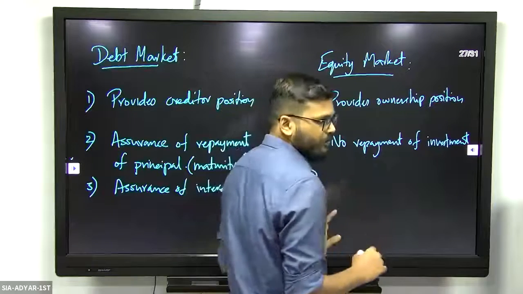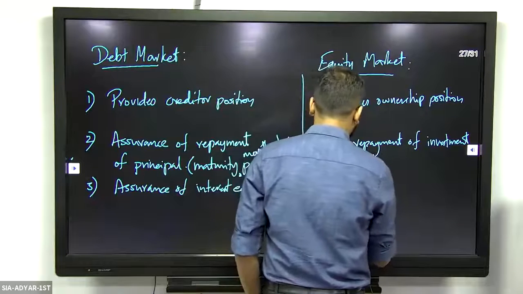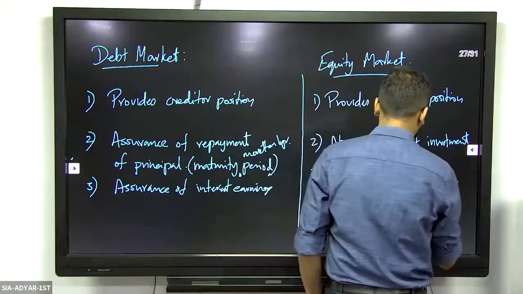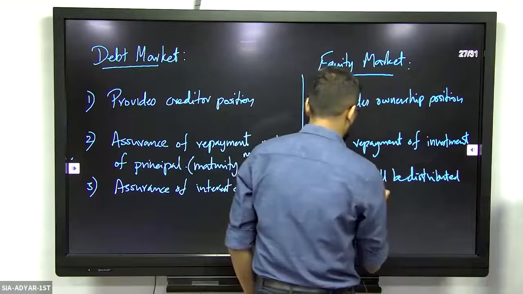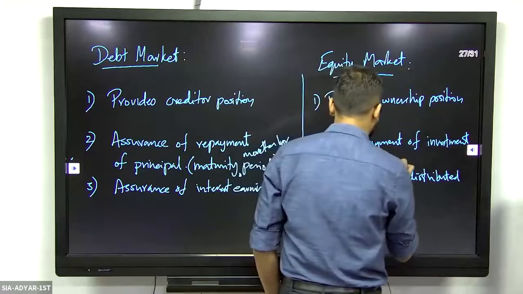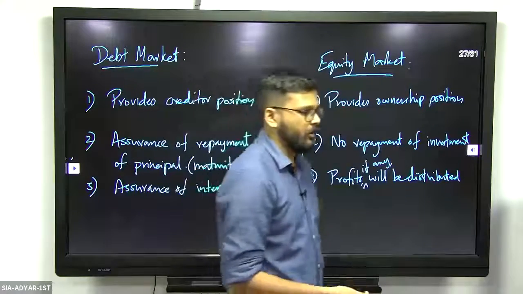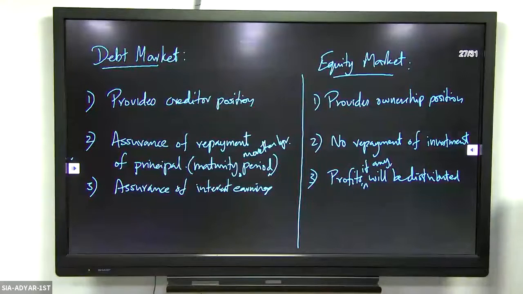No assurance of interest earnings either. Profits will be distributed. Add the word if any: profits if any, which means if profits are made, then they will be distributed. Otherwise, there is nothing that you are going to get out of it.